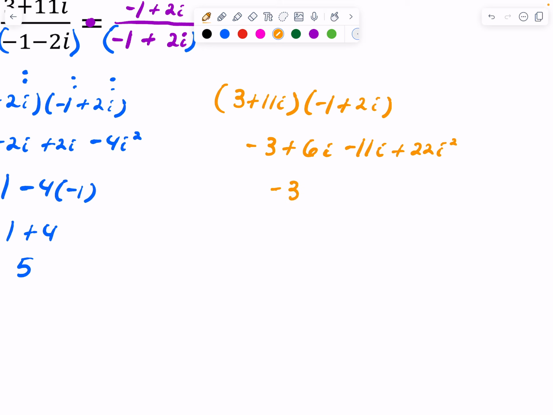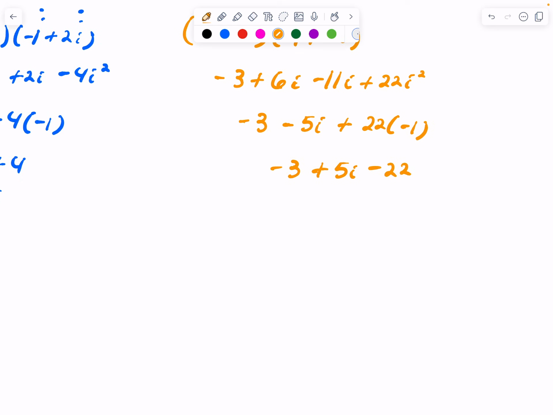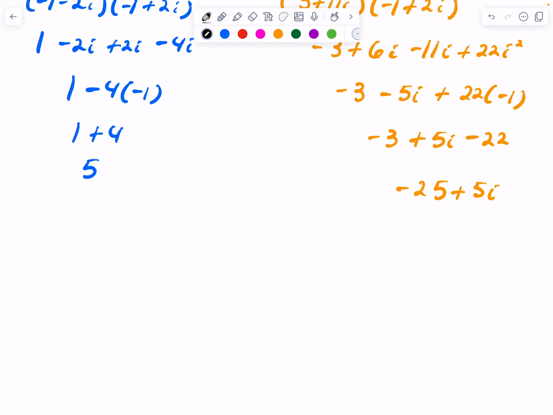My imaginary pieces are going to become minus 5i. i squared is the same as negative 1, so that's negative 3 plus 5i minus 22. Negative 3 and a negative 22 is negative 25 plus 5i. Put those together, so negative 25 plus 5i over 5.